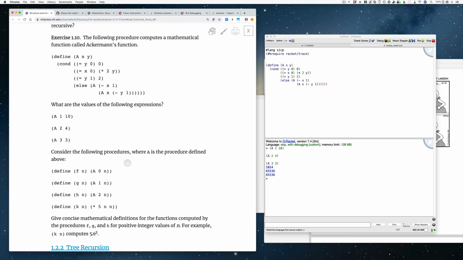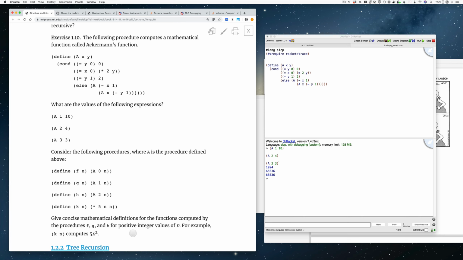It's giving us some procedures, and these procedures are calling this Ackermann's function procedure. And it says, give concise mathematical definitions for the functions computed by the procedures f, g, and h for positive integer values of n. For example, k of n computes 5n squared.